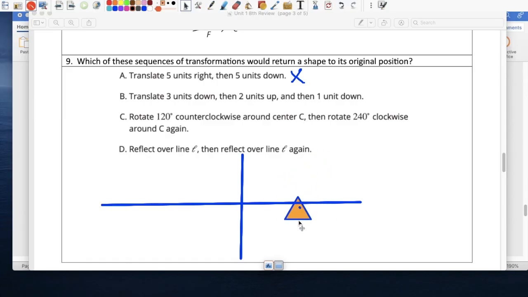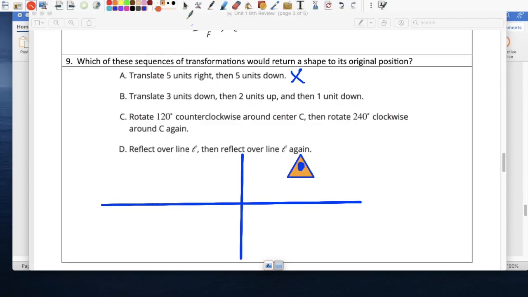Take a triangle. It doesn't matter where you start. Let me start over here. It says go 3 units down. 1, 2, 3. Then 2 units up. 1, 2. And then 1 unit down. Is it back to where it was in the beginning? Actually, let me make an X so that we know, and I'm going to draw a little circle over here.